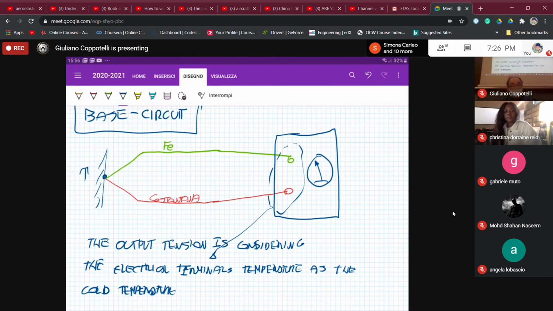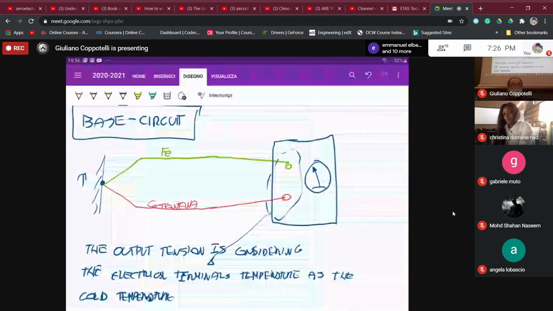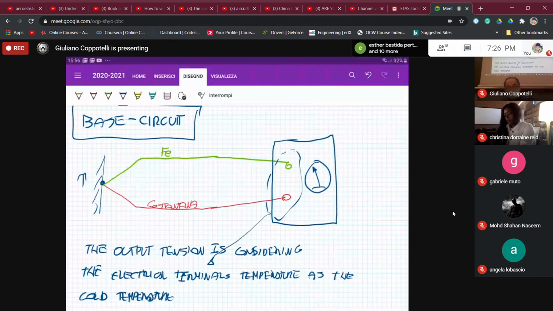Your hot junction unknown temperature is T, that is there on the left side, the wall temperature or something, for example. You have your thermocouple that is composed by a steel alloy and a Costantana, that enters the measuring circuit. It is just a voltmeter.